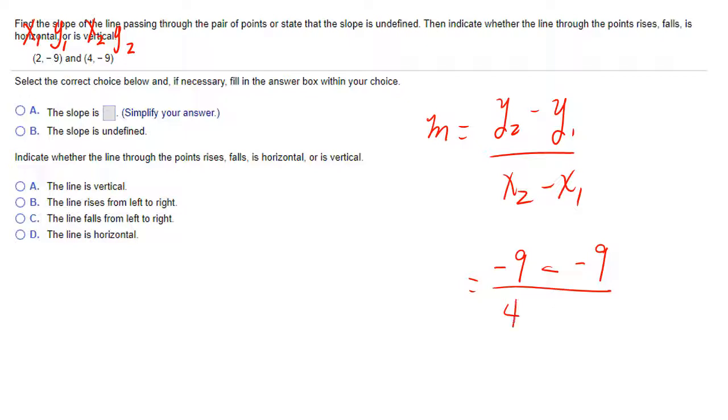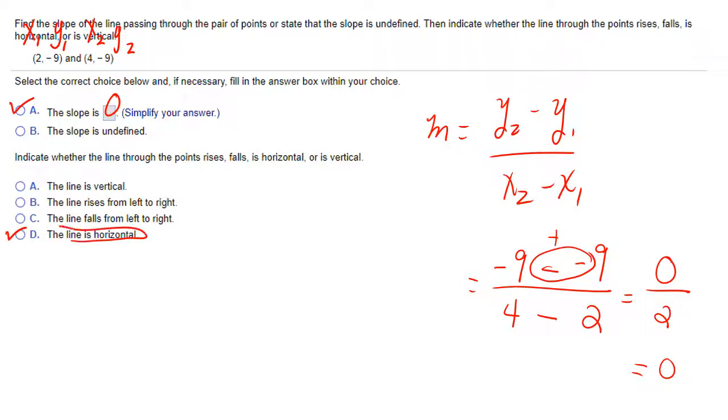I have a 4 and a +2 as the x coordinates, and we must subtract those. Notice when I subtract the -9s, when I subtract that negative, it becomes positive. So in the numerator, I have 0. The bottom of the fraction is 2. 0 over 2 is equal to 0. So that is a slope. The slope is 0. When you have a slope of 0, that is always a horizontal line.